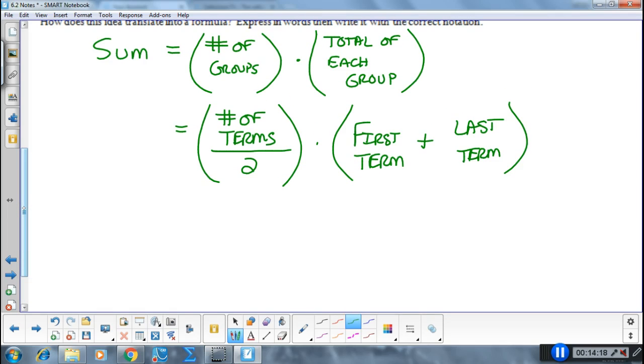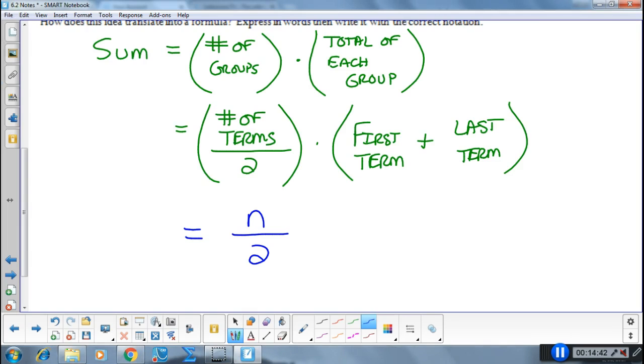Now, from your extensive knowledge here in chapter 6, do we have a symbol for the number of terms in a sequence or series? N. Okay? So the number of terms is N, divided by 2. Do we have a symbol for the first term?